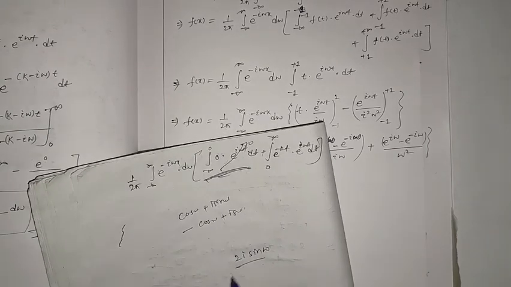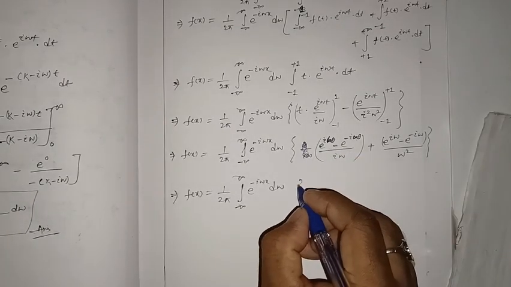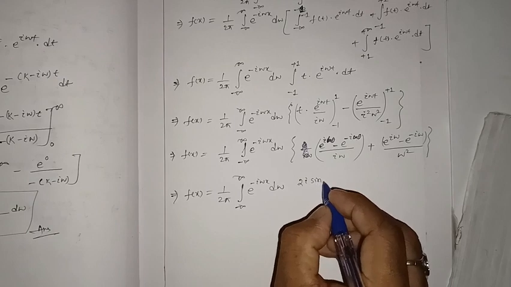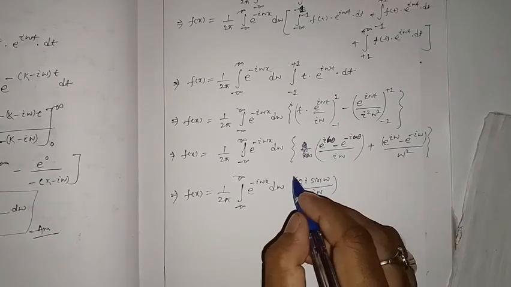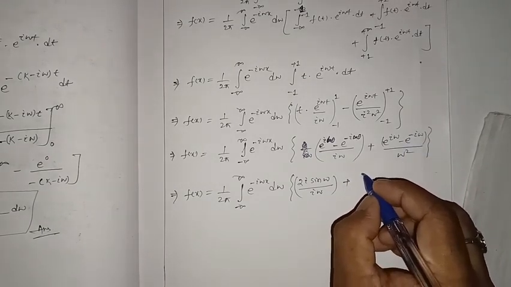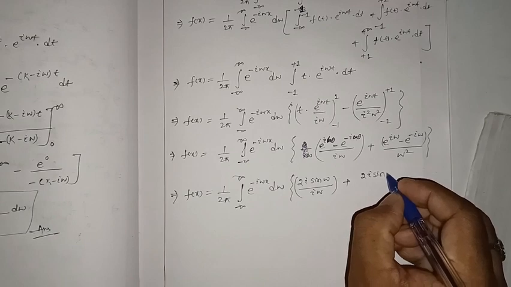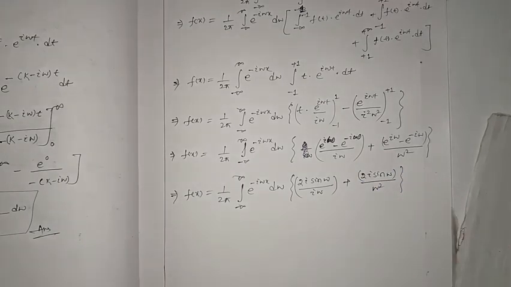So 2i sine omega. So this value will be 2i sine omega by I omega, then plus this value also 2i sine omega by omega square, right?